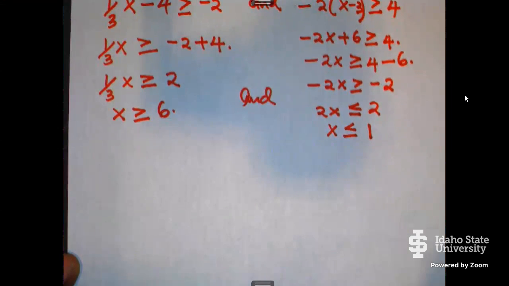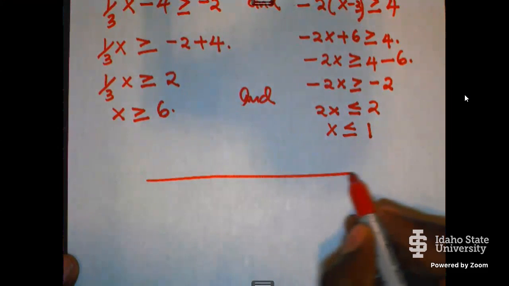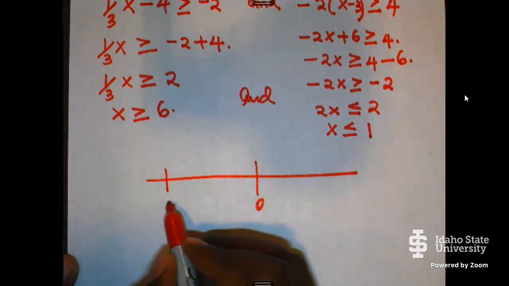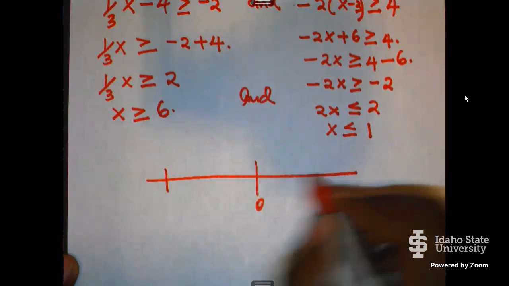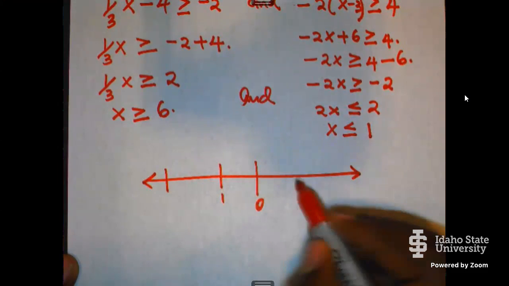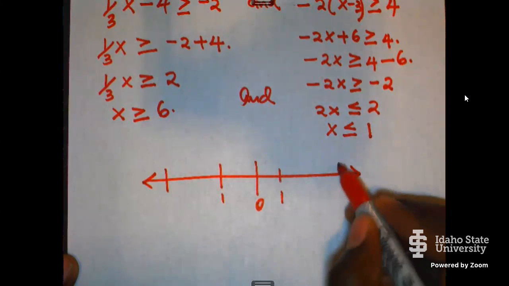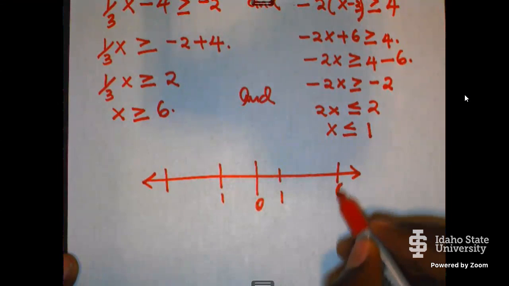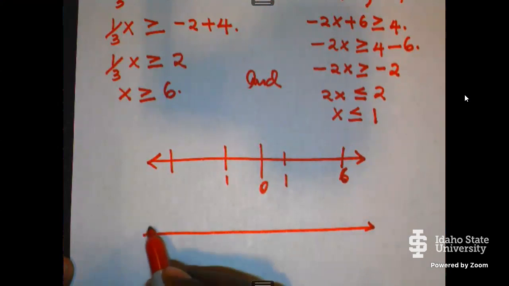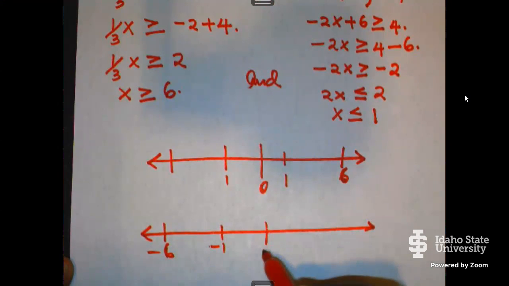Then we draw each one of them. So this is 0. Let's just put here 1. Then we put there 1, and then we put here 6. Okay. Then again, we can put here minus 6, minus 1, 0, 1, and then 6 there.